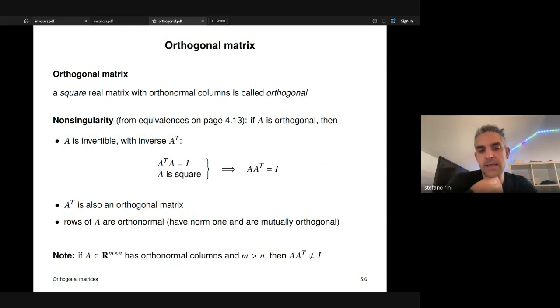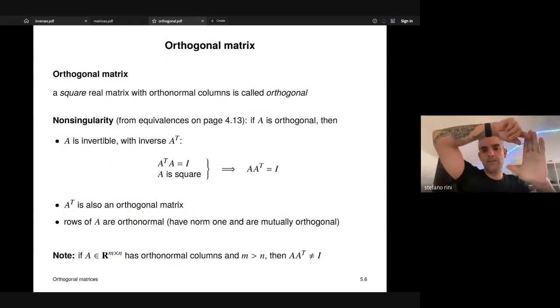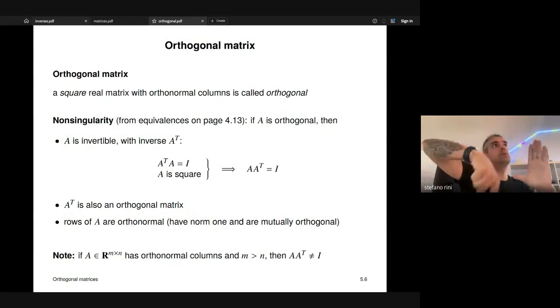Note that if A is an M times N matrix with orthonormal columns and M greater than N, then A times A transpose is different from the identity. If M is greater than N, it means that the matrix is tall. So when you take the transpose, you will have the first submatrix N times N equal to an identity, and then you'll have a bunch of zeros.